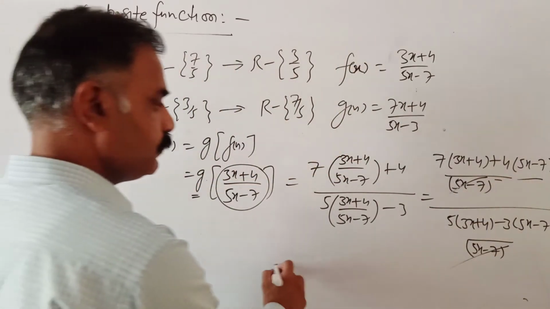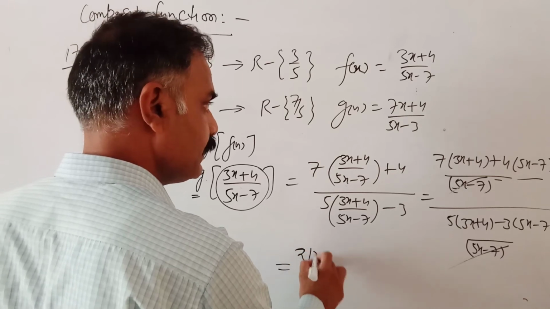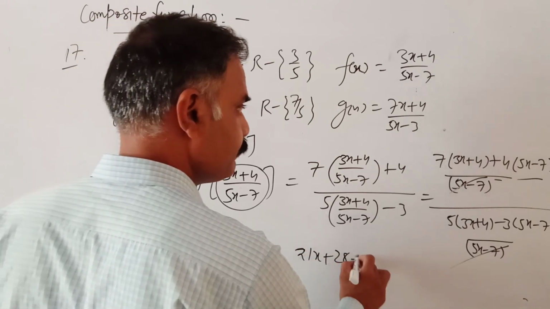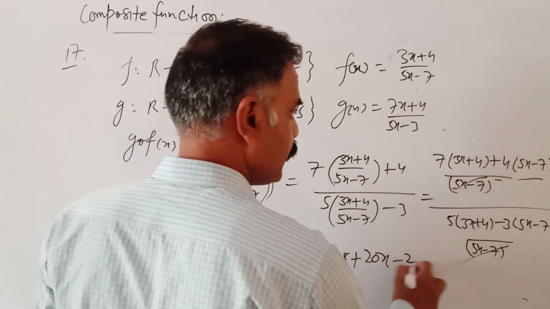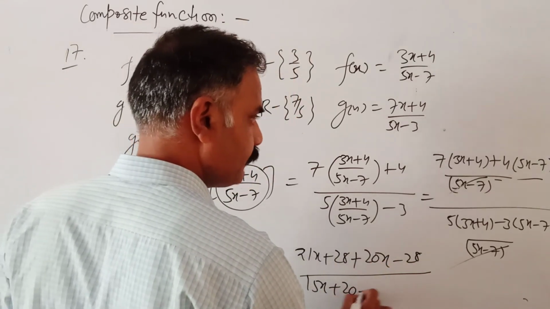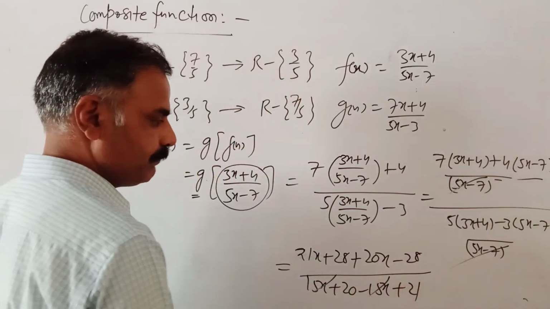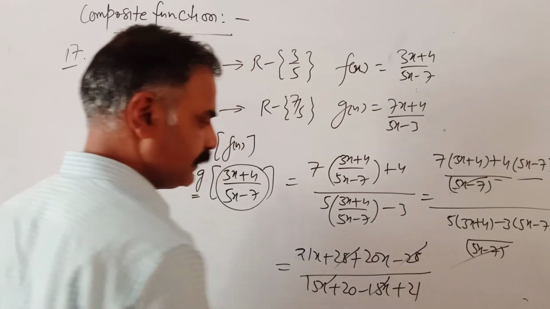This is 21x plus 28 plus 20x minus 28, upon 15x plus 20 minus 15x plus 21. 15x cancels 15x, 28 cancels 28.